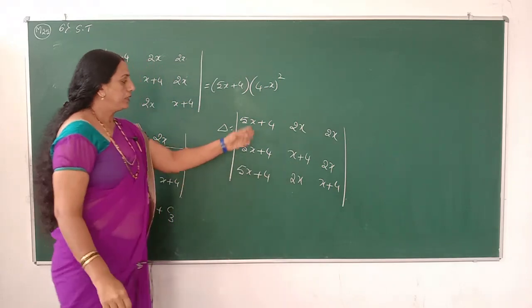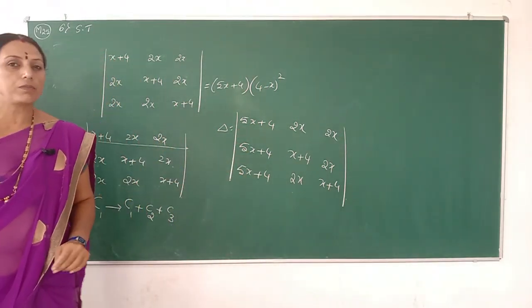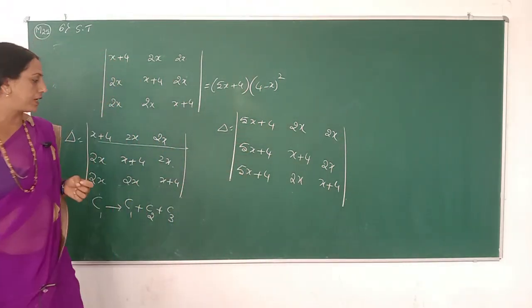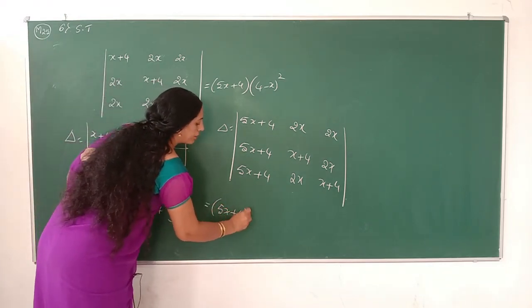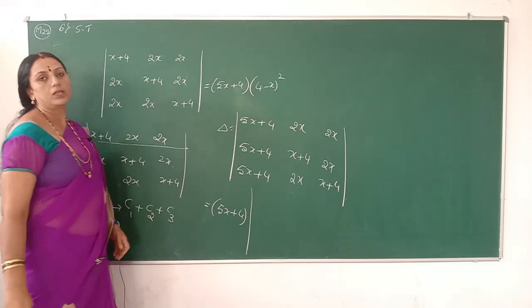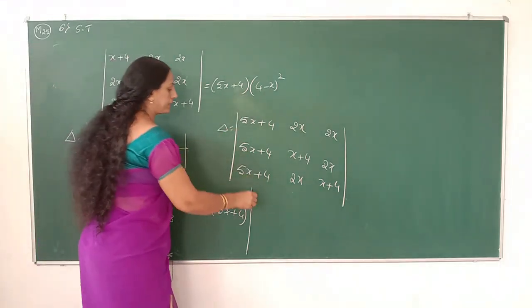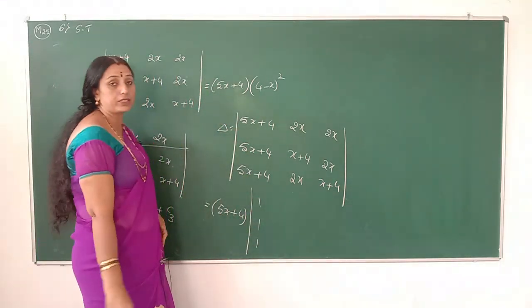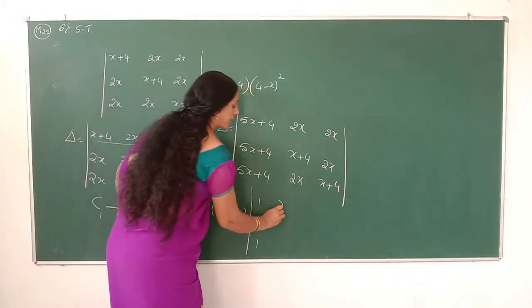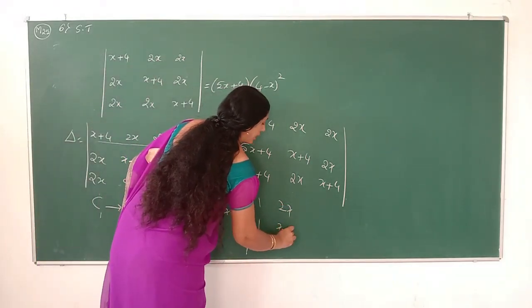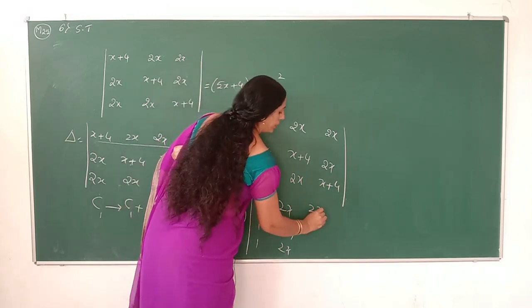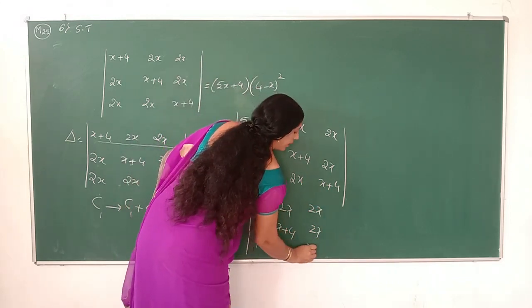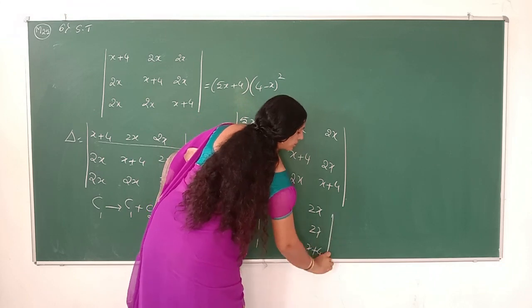So after that, all the elements of the first column are a multiple of 5x plus 4, therefore 5x plus 4 is a common factor. What remains in the first column is nothing but 1, 1, 1. Elements of the second column are 2x, x plus 4, 2x, and elements of the third column are 2x, 2x and x plus 4.